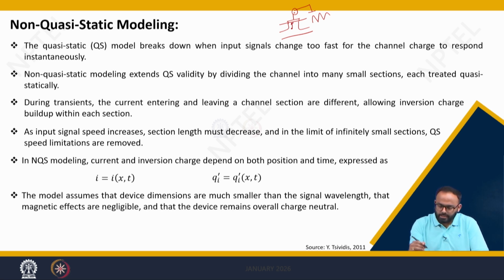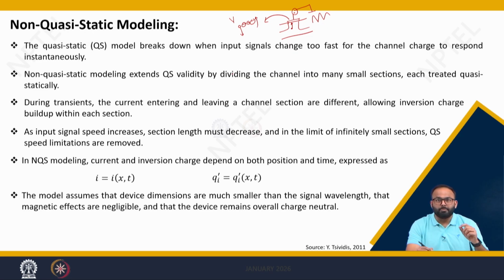From a layman's description of MOSFET operation, when you apply the voltage, first the holes are repelled, depletion happens, and after that inversion charge comes to the surface, which causes an inversion layer and hence results in current.